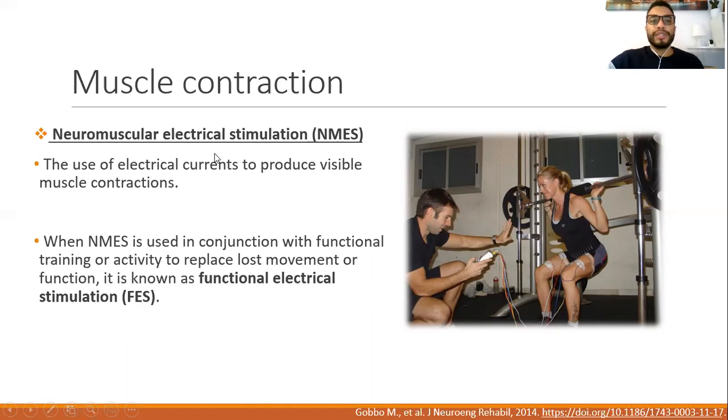Okay, so there are several indications for using this type of neuromuscular electrical stimulation, including neurological conditions. And also, as you see here in this picture, it can be applied to healthy individuals, for athletes, for example, to potentiate their muscle strength.